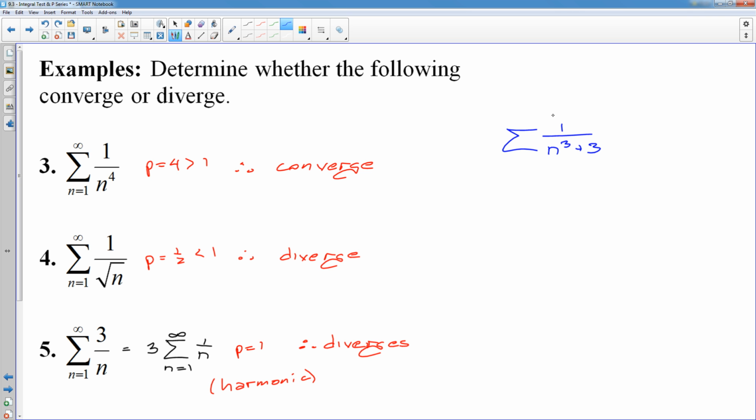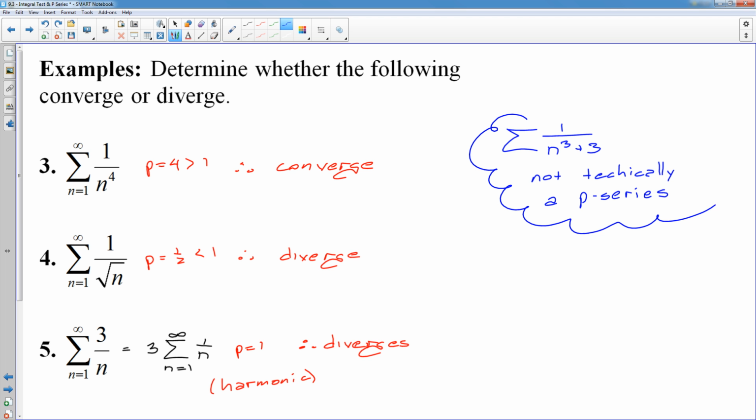So just a side note that this is not technically a P-series, although it very closely resembles one, and it will end up converging because 1 over n cubed also converges. Just know that P-series are specifically a constant over simply n to an exponent with nothing else.